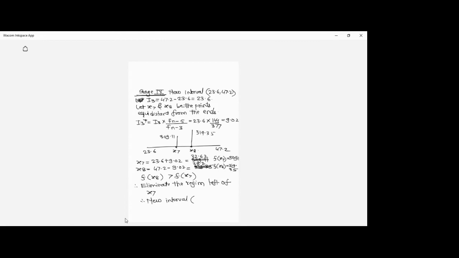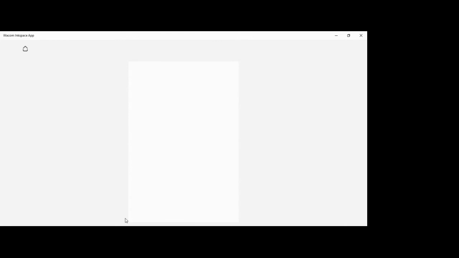So we are going to eliminate the region left of x7. So x7 is your 32.62, comma, 47.2. I guess we will be getting this as the last iteration to view, because the values are coming very near. So stage 5.